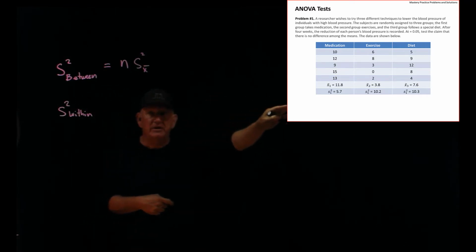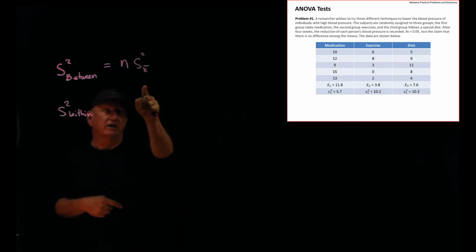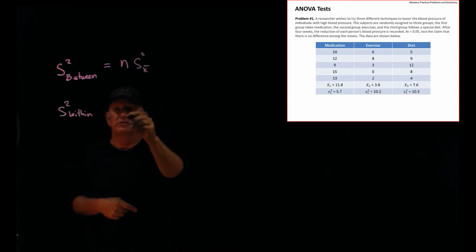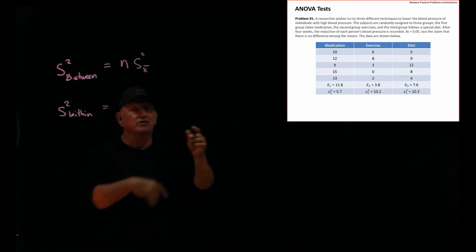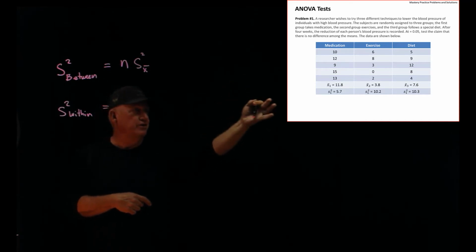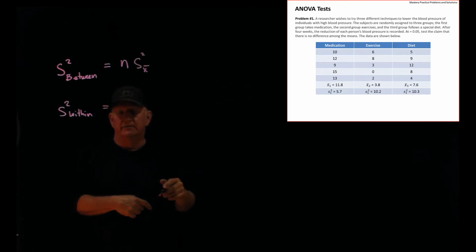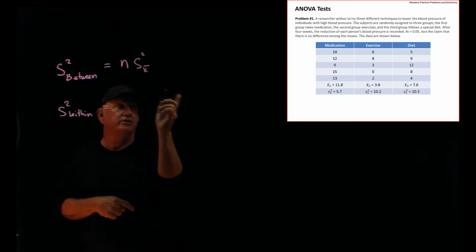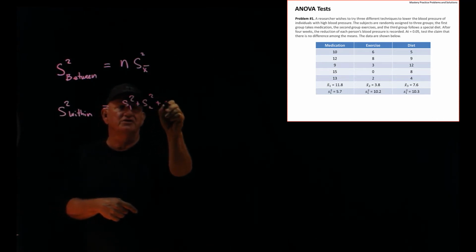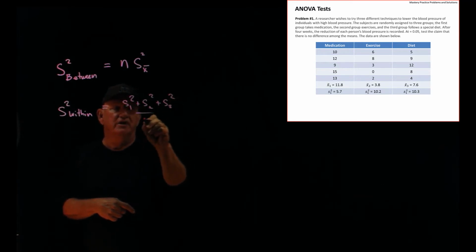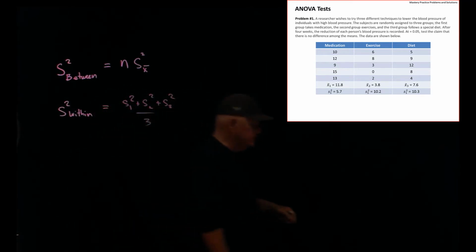So you've got 3 means running across there. We've got to calculate a variance for those. And this is just the average of all of the within group variances. So in this case, that's going to be S1 squared plus S2 squared plus S3 squared divided by 3. So I've got to do that calculation.